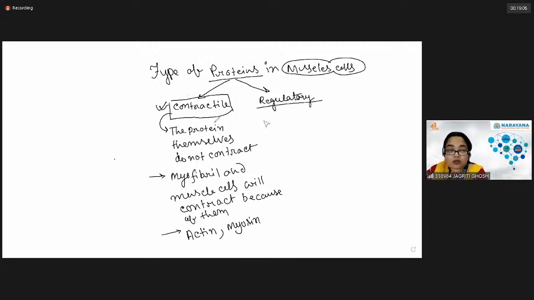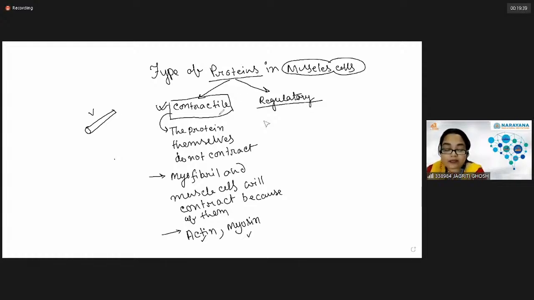The contractile proteins do not contract by their own, but they make myofibril, the cigarette-like structure present in the muscle fiber, and myofiber contract. Examples are actin and myosin.